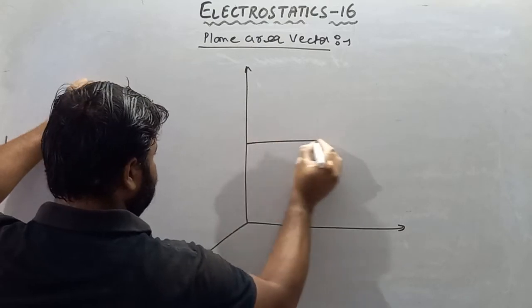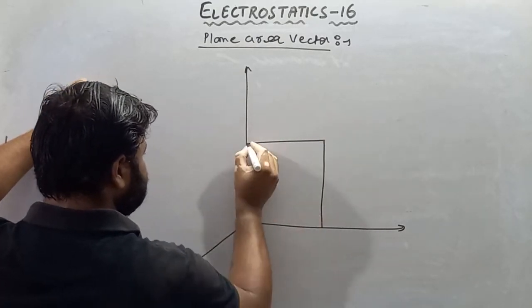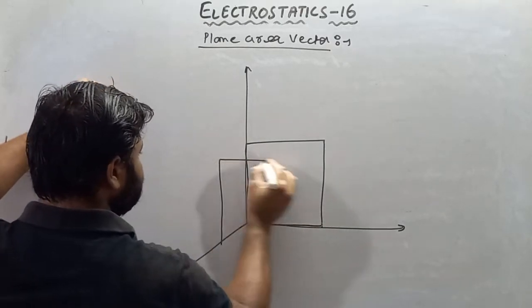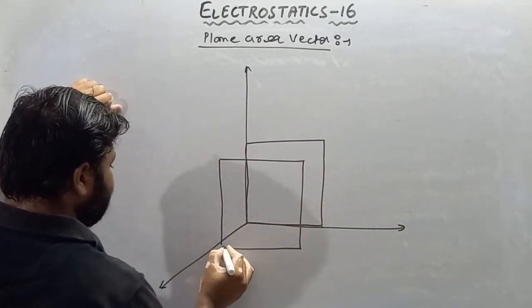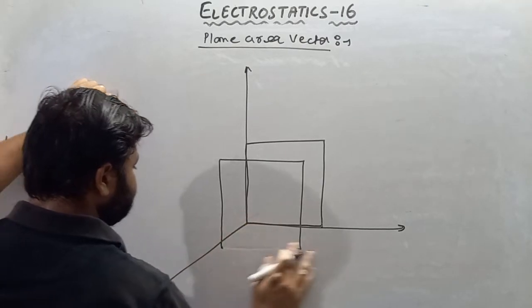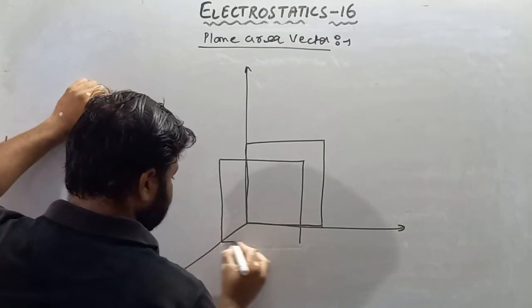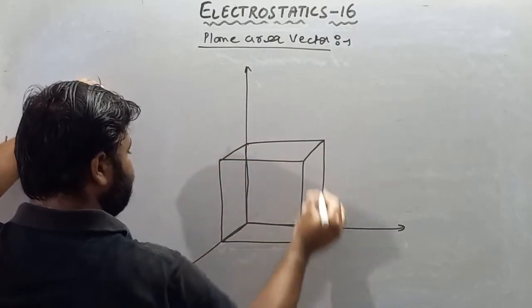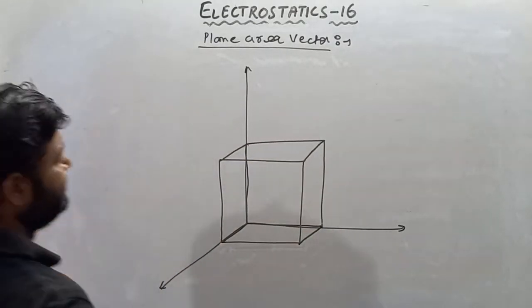Let's suppose we have a cuboid like this of side A. We have a cuboid of side A like this.